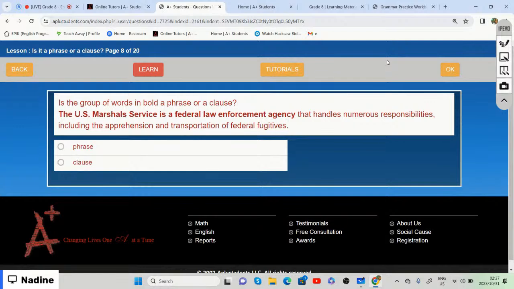So now we need to say if the U.S. Marshals Service is a federal law enforcement agency, if that is a phrase or a clause.